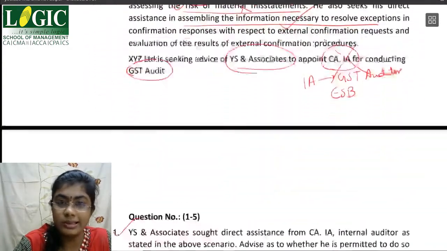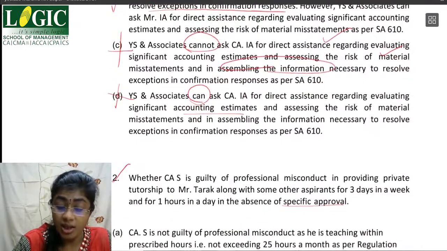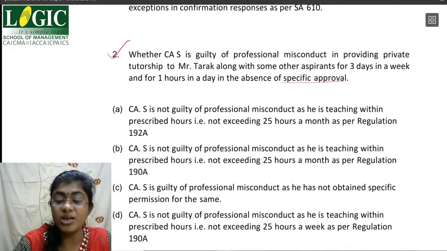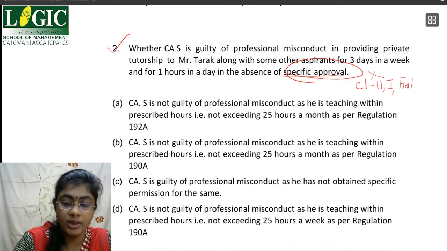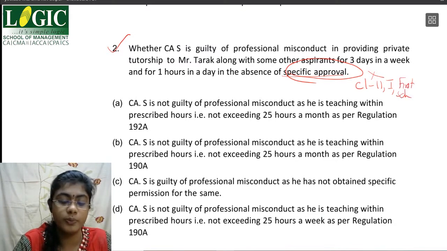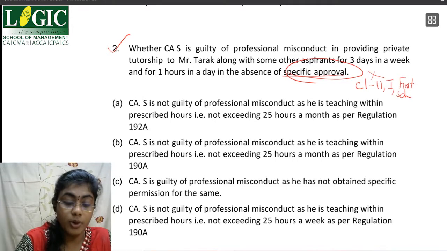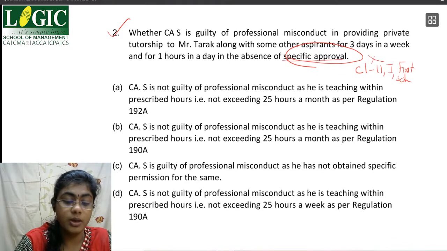So he is not guilty. Even before reading the options you can conclude specific approval is not required. This is mentioned in clause 11 part 1 of which schedule? Correct? First schedule.